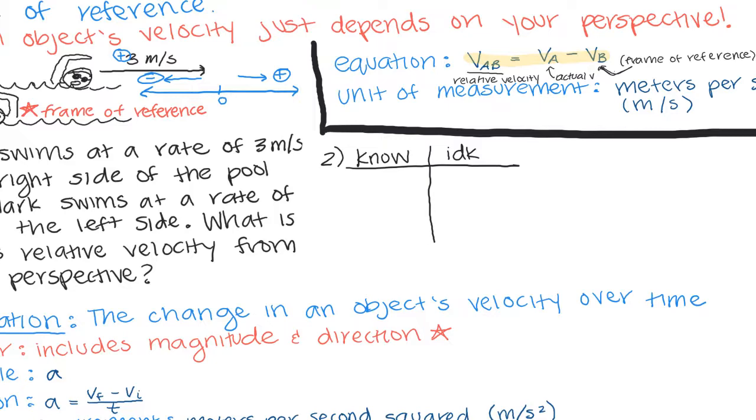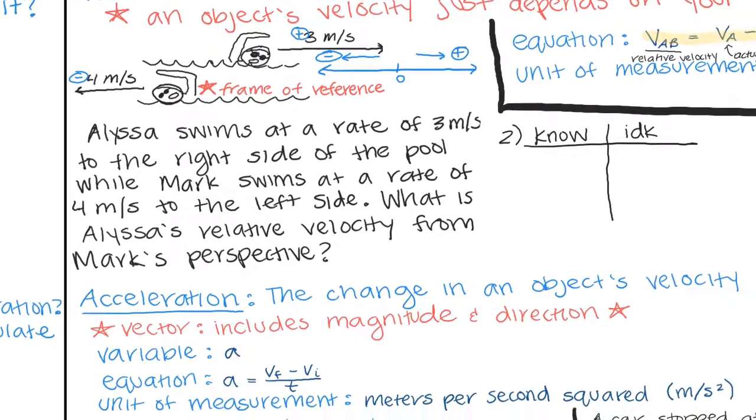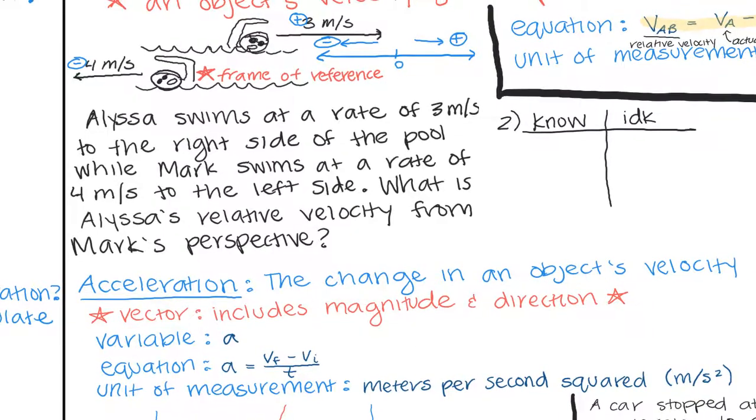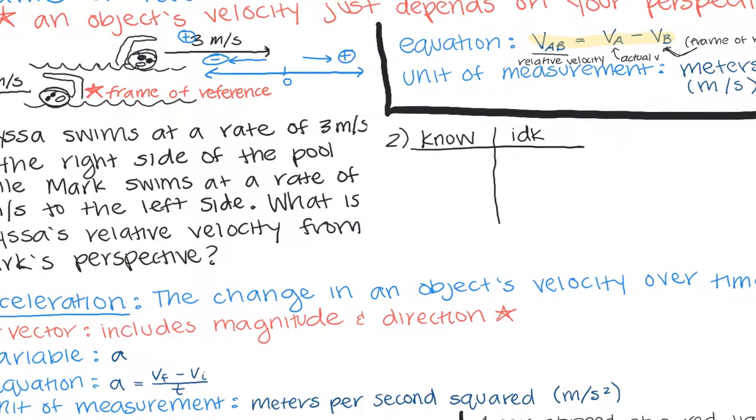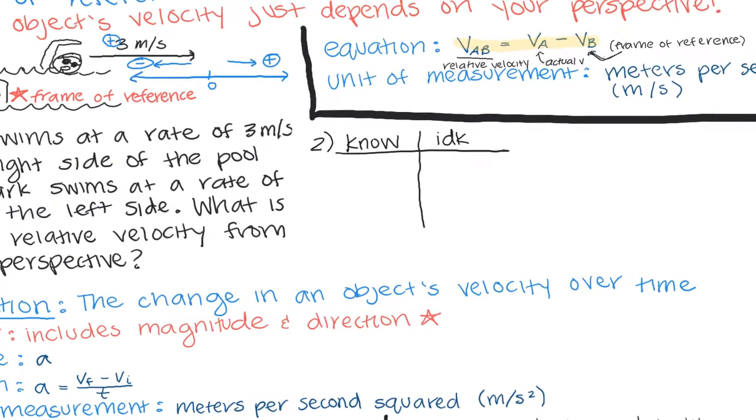All right, so let's look back at our problem here. We have Alyssa swimming at a rate of 3 meters per second to the right. So rate, anytime you see the word rate, I want you to be thinking velocity. All right, so I'm going to write VA for Alyssa.